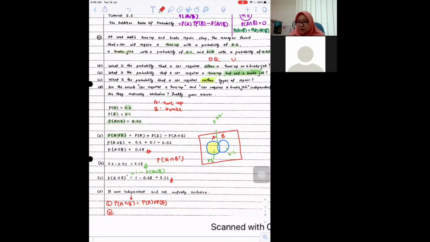The second one is if it is conditional, P(A given B) is just P(A), because we are not depending on the second event.